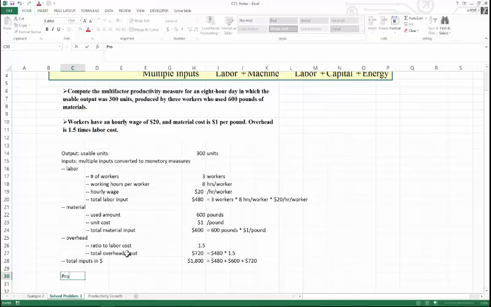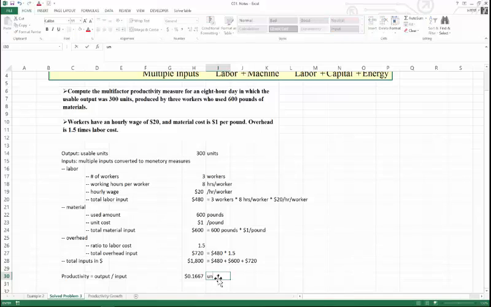Then what is the productivity? It is equal to output over input. We know output is 300 units and input is $1,800. We may need to increase the number of digits after the decimal point.